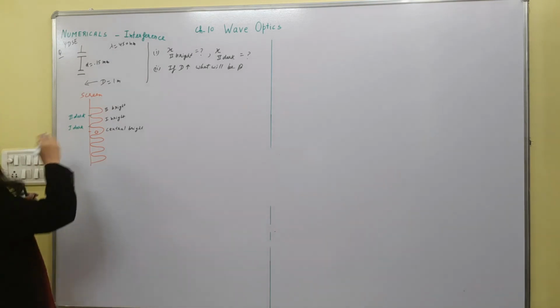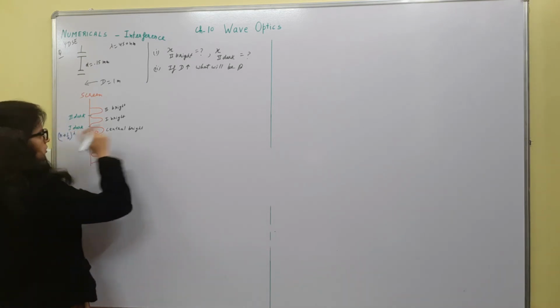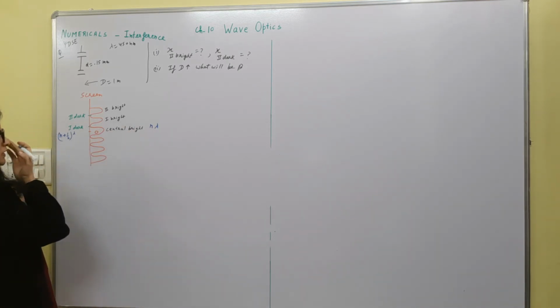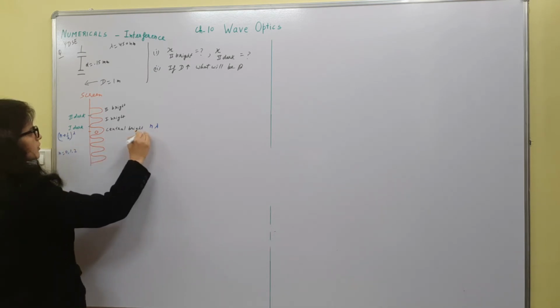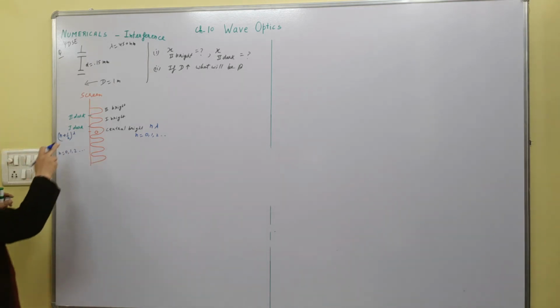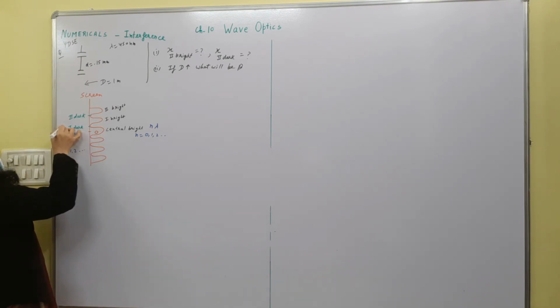We know that the condition for dark is n plus 1 by 2 lambda, and the condition for bright is n lambda. So here we know that n is equal to 0, 1, 2, and here also n is equal to 0, 1, 2, and so on. If we are talking about first dark, that means we have to put 0 over here. So first dark means n is equal to 0.